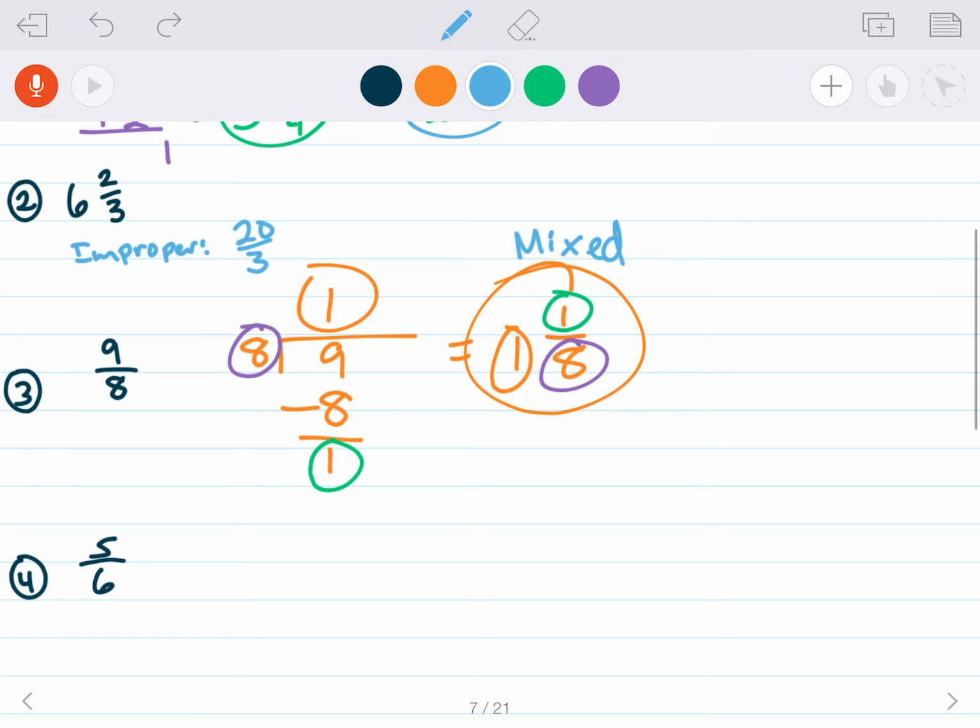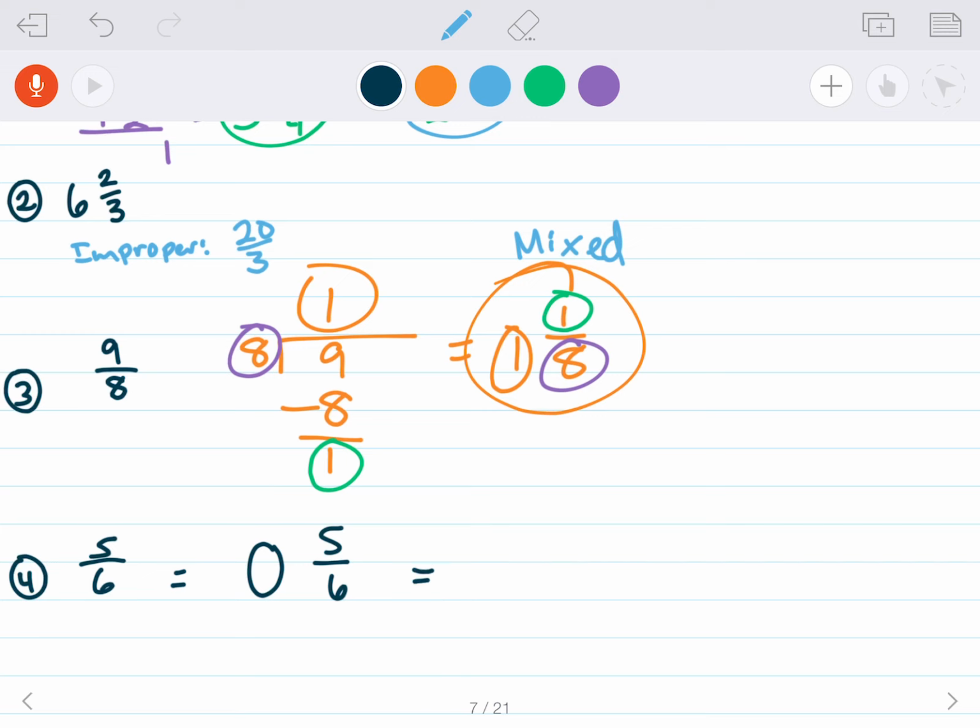Now 5/6, that's a proper fraction. It's not improper because the numerator 5 is less than the denominator 6. So there's really no other way to explain it other than, since this is proper, we're going to have 0 whole parts and 5/6 fraction parts, right? 0 and 5/6.